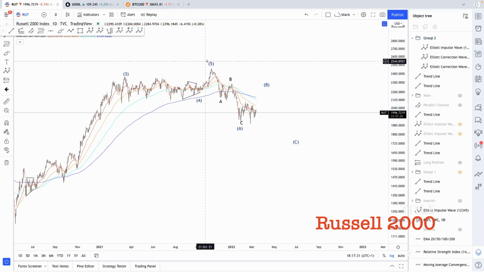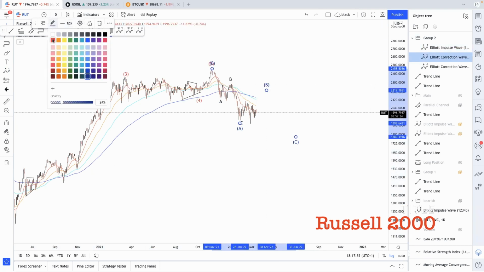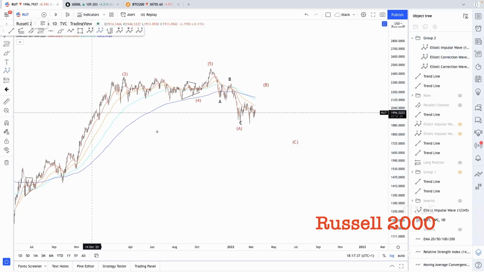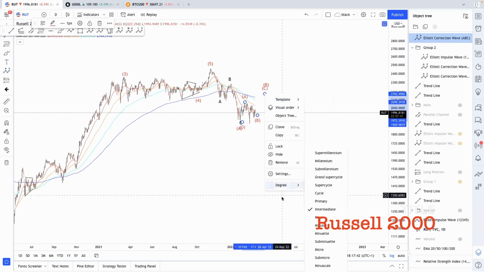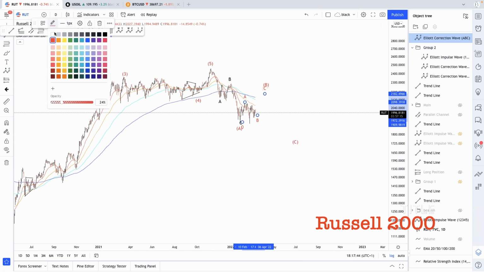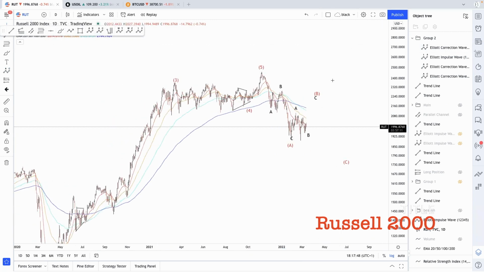I'll make it red, because I usually do intermediates as red. And then here, A, B, and C.